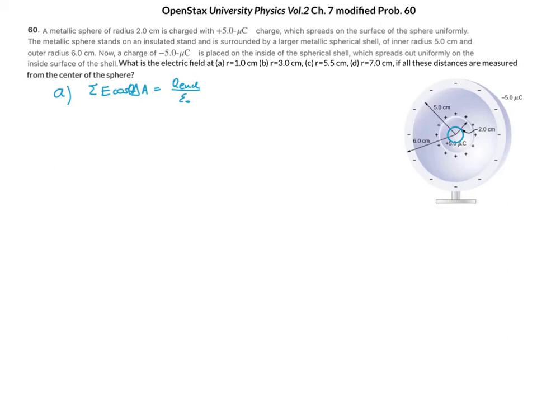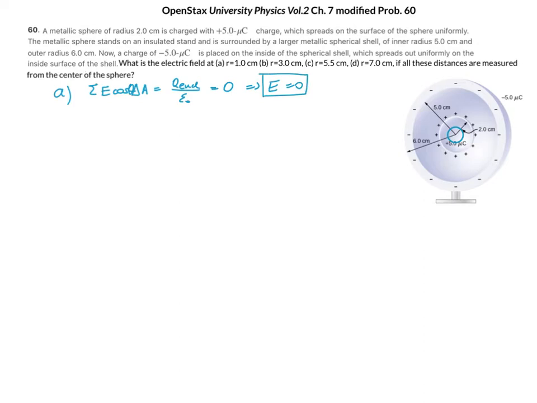So if I look at the charge enclosed by my Gaussian surface, there's nothing here. All of these plus 5 microcoulombs are distributed on the sphere itself, so there are no charges inside here. So that means that Q enclosed over epsilon naught is 0, and that also means that the electric field at that location is 0.